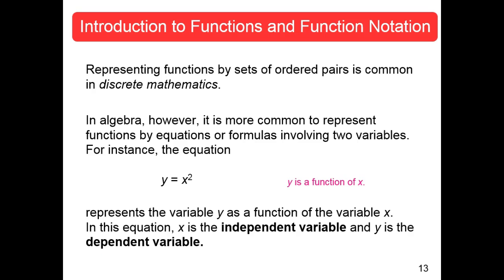Because here, if I were a cheerleader, I'd say, give me an x. You give me an x. Any value. Any number. 7. 7 squared is 49. For any given input, you only have one output. Give me another x. 3. What's the output? 9.